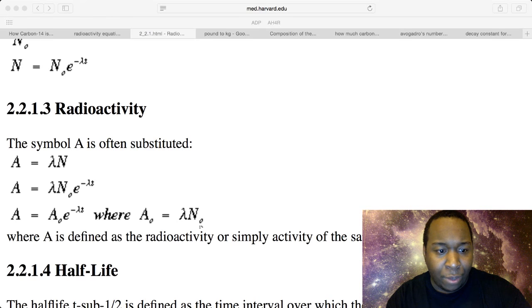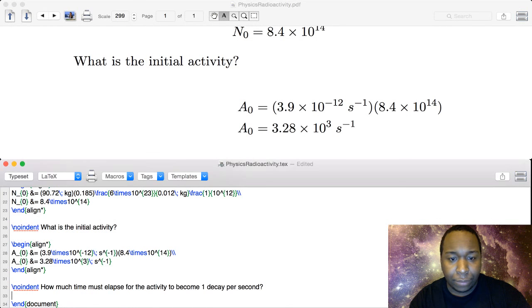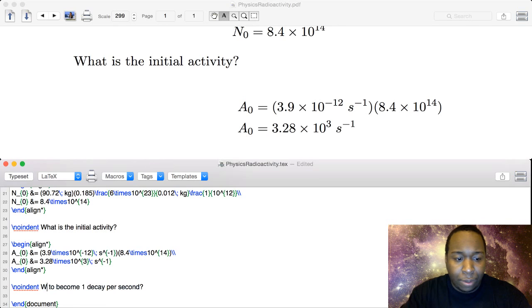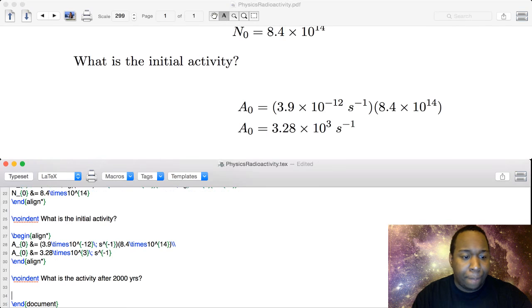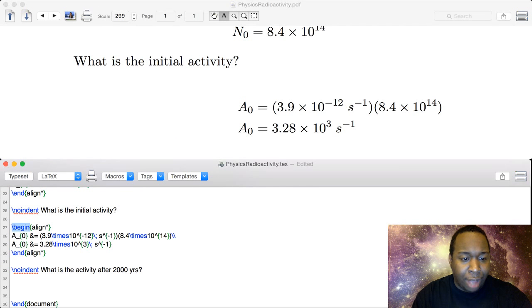So going back to our tech document, let's change this to: what is the activity after 2,000 years? I'll copy and paste, which makes it faster.